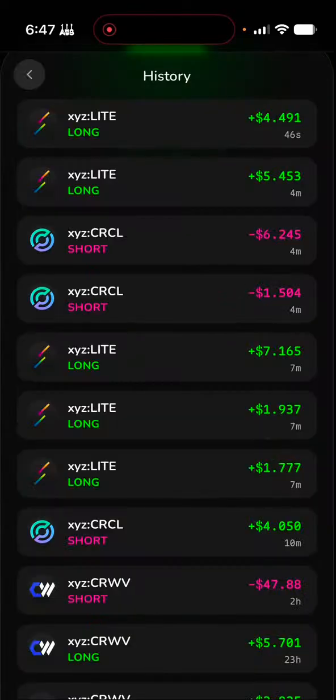We also have a history, so you can see our live history of all of our trades. You can see our 2 Lumentum longs. We had that $5 win earlier, and then we had another $450 win when I just closed it myself. And then you can see our Circle loss. We lost $6.25 on Circle, and then we also lost another $1.50.